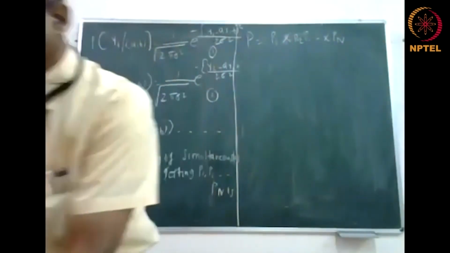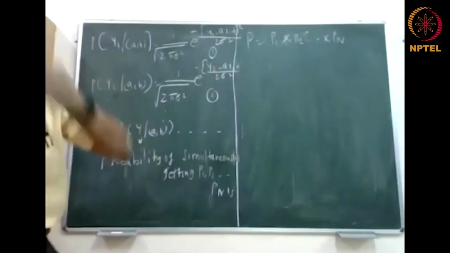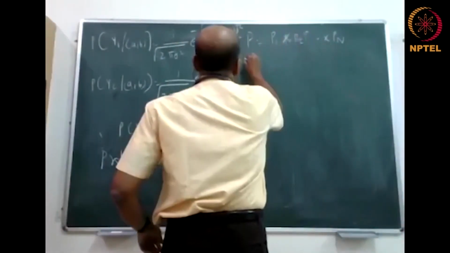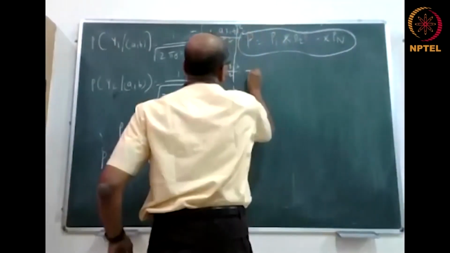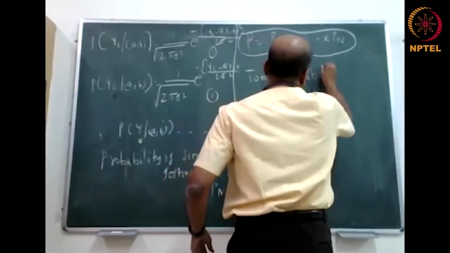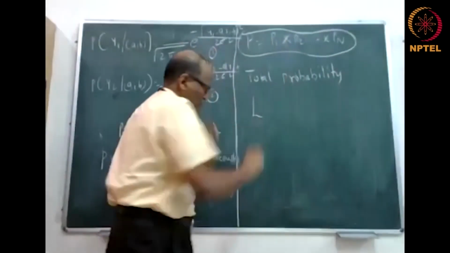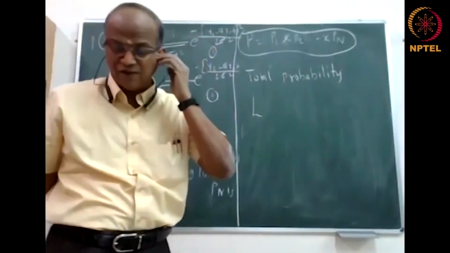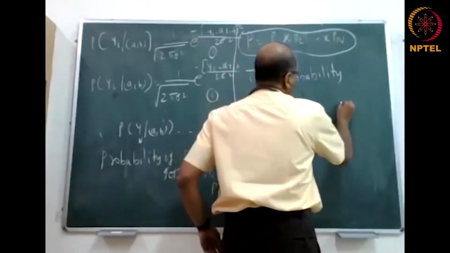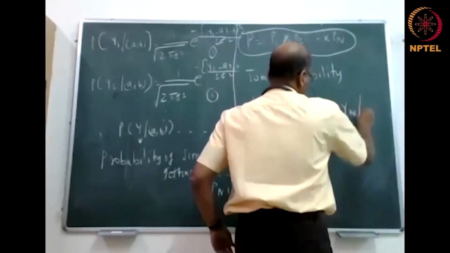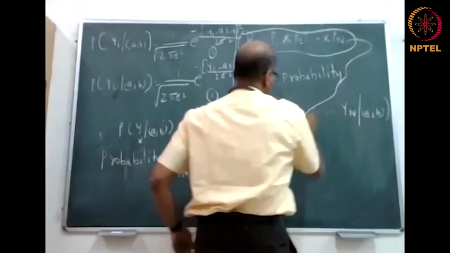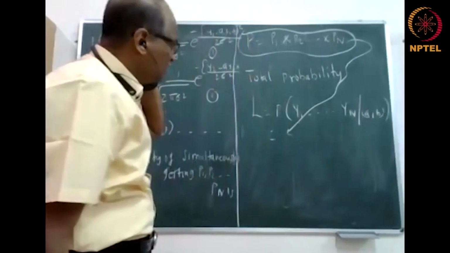Why is it so? I call this the total probability. I'm just looking at the notes to check the consistency of the notation. The total probability is P of y1 to yn for a given value of a, b. Now I'm saying that it is equal to this. Why is it so?